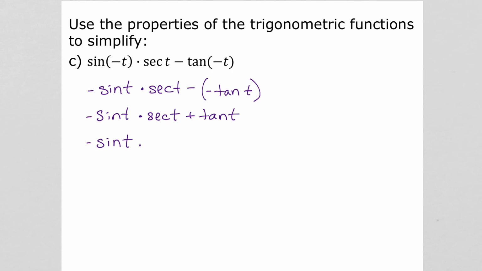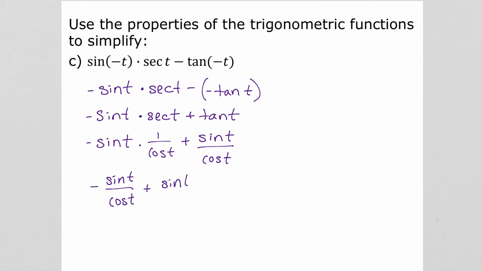Secant is the same as 1 over cosine. And tangent is the same as sine over cosine. So what we've got here is negative sine over cosine plus sine over cosine. They cancel out. 0. So sine of negative t times the secant of t minus the tangent of negative t is 0.